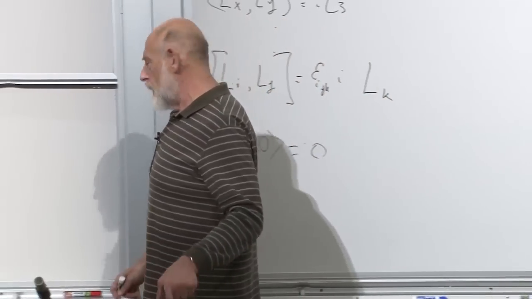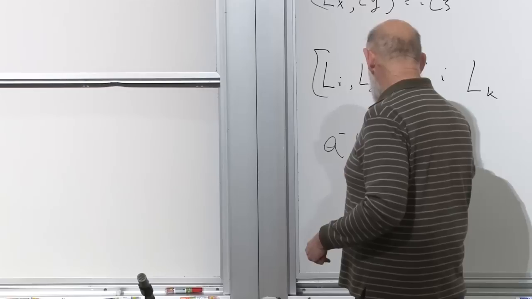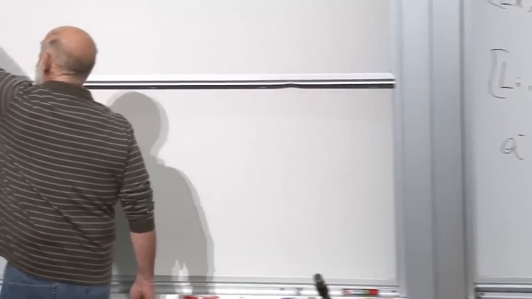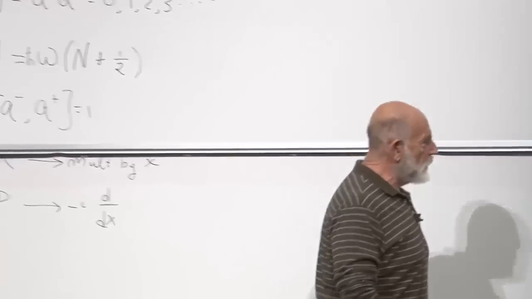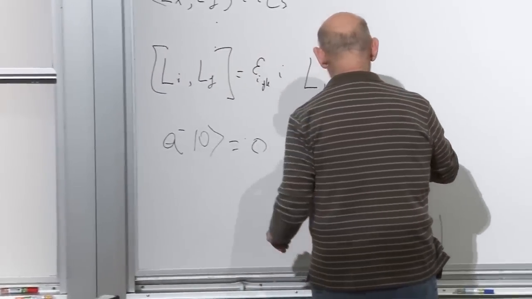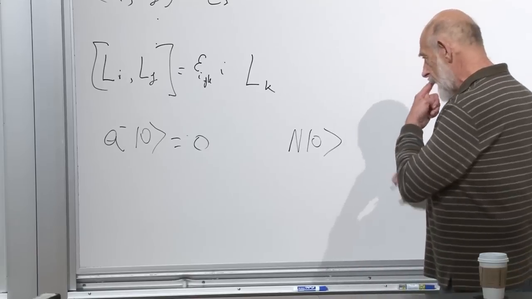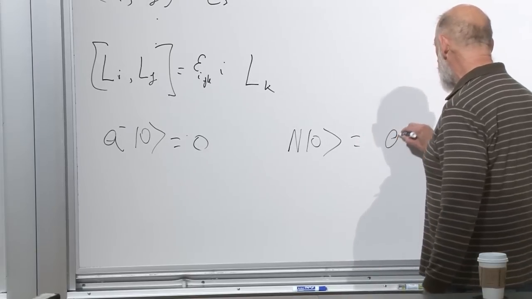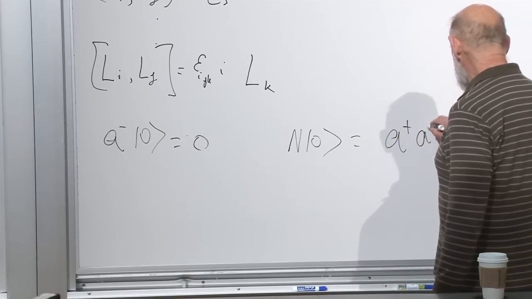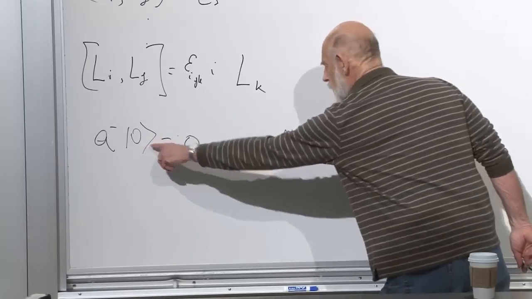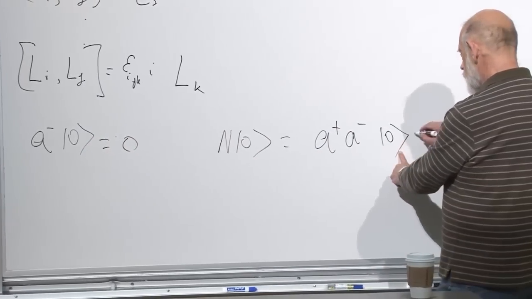Now, once we know that A minus on the ground state gives 0, then we can look at N. What does N do when it hits the bottom state? It is by definition A plus A minus on the ground state, but we already know that A minus on the ground state gives 0, so this is 0.